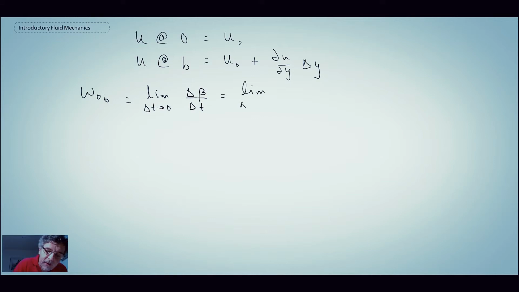And I'm going to make the small angle approximation. So delta beta can be expressed as delta zeta divided by delta y. And then that's all divided by delta t. Now delta zeta, I'm going to get that by knowing the velocity at b. And I can get that from this term here.